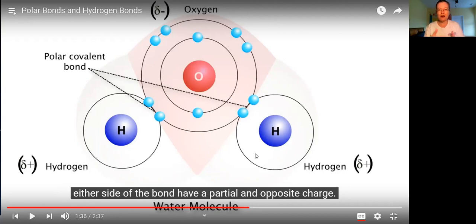We have two sides to this molecule, a partially negative side and a partially positive side. That makes the entire molecule a polar molecule. Not only is it because it has polar bonds, but it has to do with the orientation of the molecule. It's not symmetrical. There's a partially negative side and there's a partially positive side. That makes this a polar molecule.